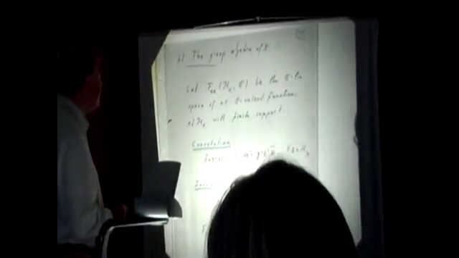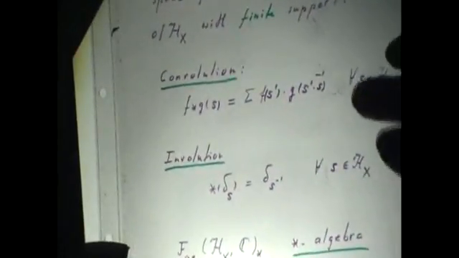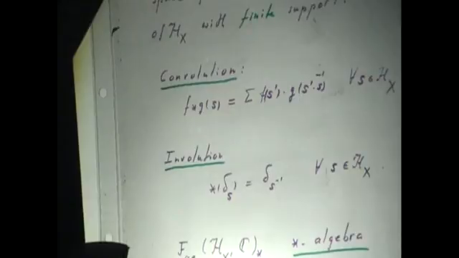You take the Heisenberg group bundle, this infinite dimensional one, and you take the C-valued functions with finite support. So that's what you do in first course linear algebra. Then you have a convolution here, defined in this way.